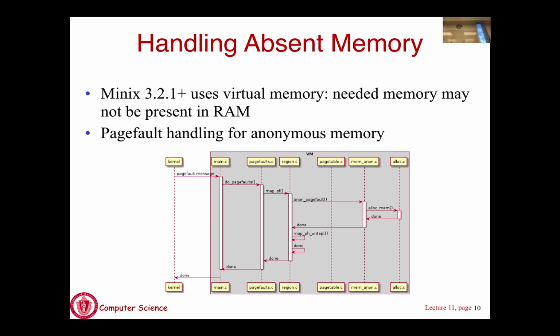Okay. To understand this, we should now try to distinguish between two types of page faults, which unless you have gone really deep into an OS, you probably have not been told. Okay. There is something called anonymous page faults, and there are page faults on files. Okay. I am going to talk about anonymous page faults first, and then I am going to talk about page faults on files. Okay.